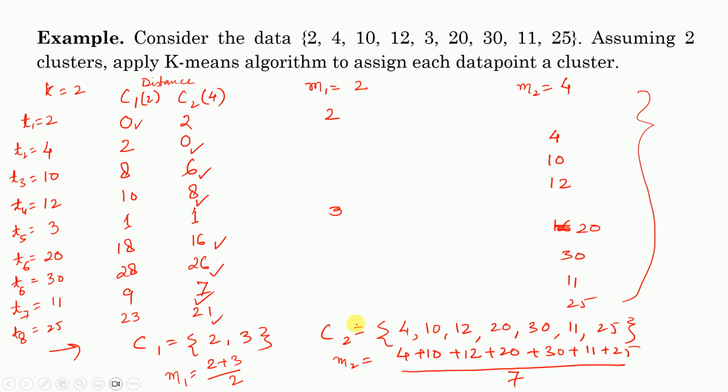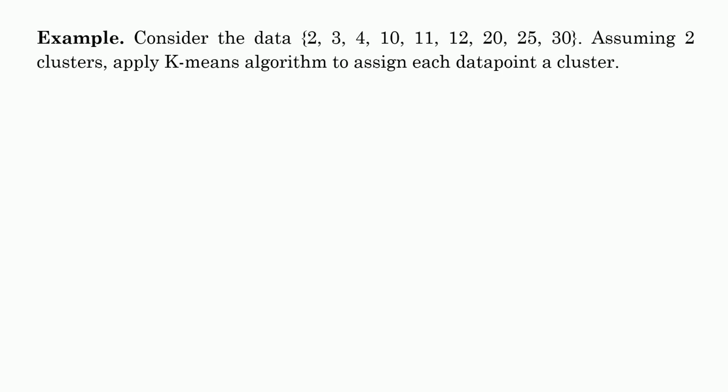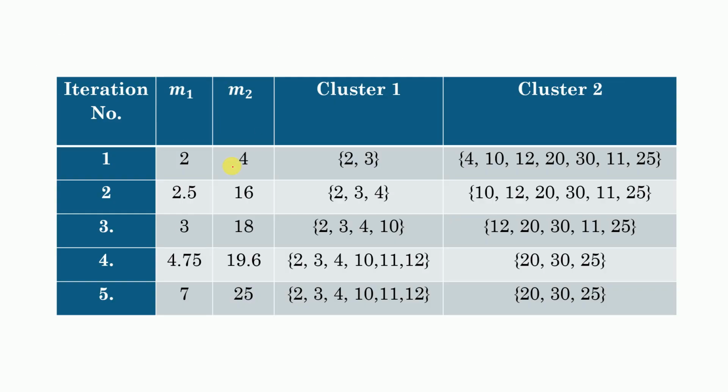And again we have to repeat the same process. Taking this M1 and M2, we will update them and again calculate the distances of each of the points from these two centroids, and based on the minimum distance we will assign clusters. This process will be repeated until we get any convergence criteria. I have written all these steps here. Look at this.